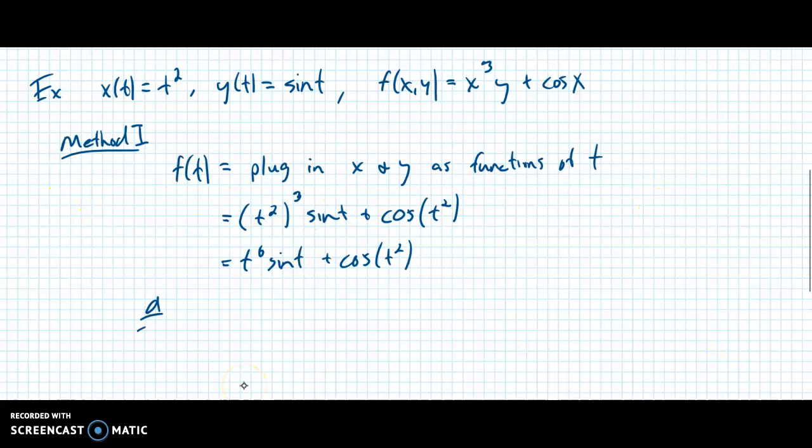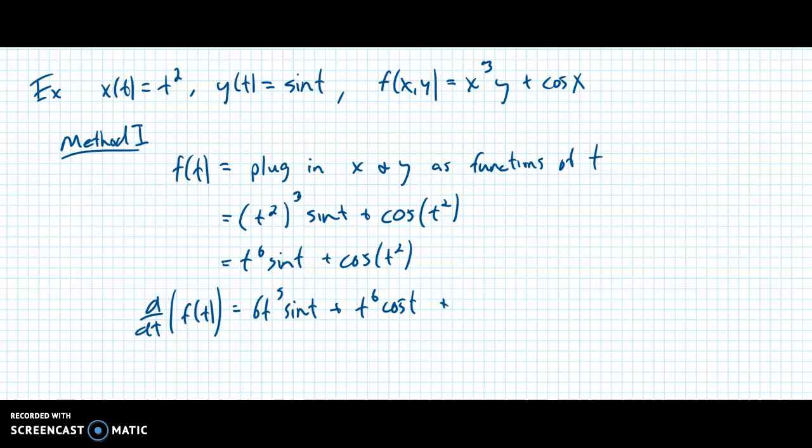Dt of f of t is equal to, well, this is just basic calculus. Product rule: 6t to the 5th sine t plus t to the 6th cosine t. That's the product. And then plus, this is regular chain rule from 2D calculus.